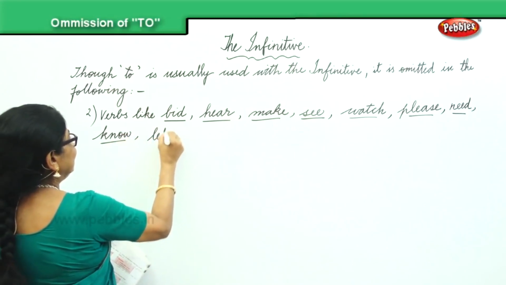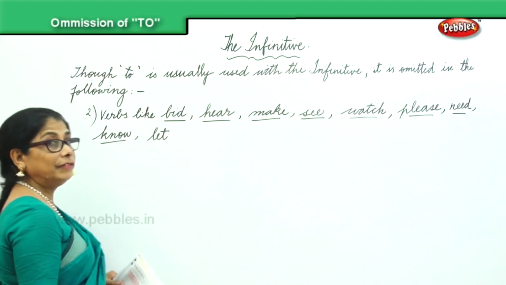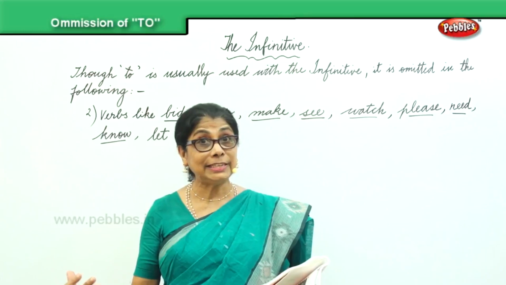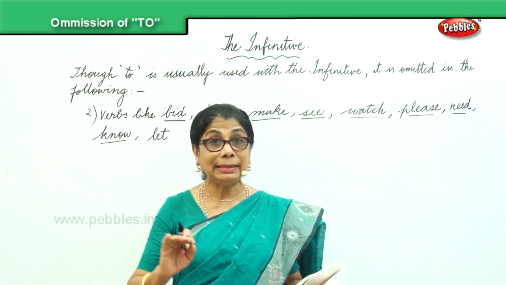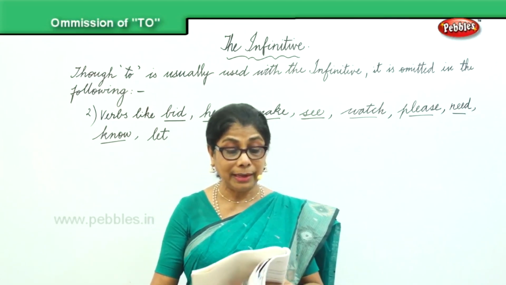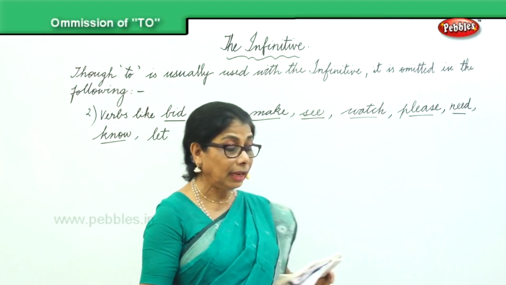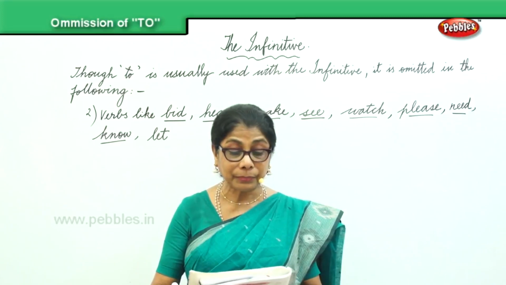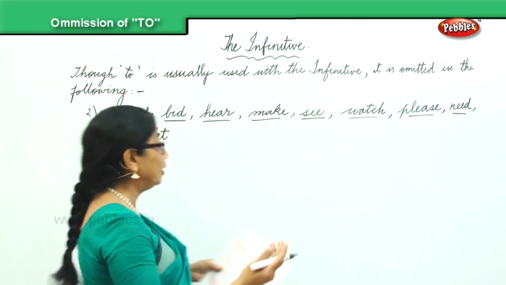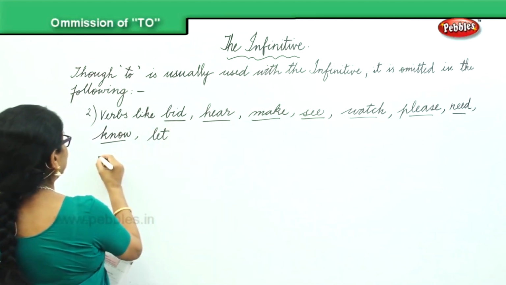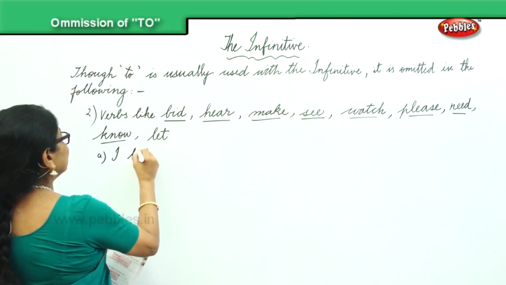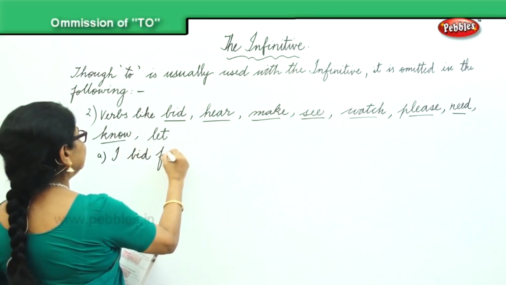When you're using these words, we are omitting "to". Using these verbs in the sentence, we do not write "to". Like, now, the first word we have is bid. She bid us, or I bid them farewell. I bid farewell.